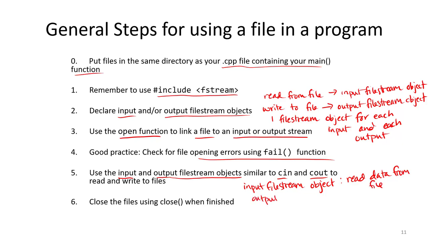And then, of course, the output file stream object can be used to write data to a file. And finally, the last step, you want to make sure you close your files using the close function when you're finished reading and writing. We'll explain why that's important a little bit later.